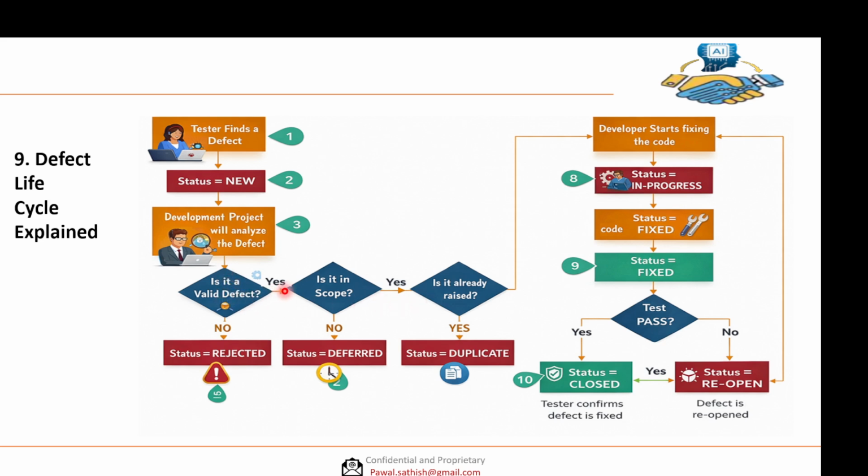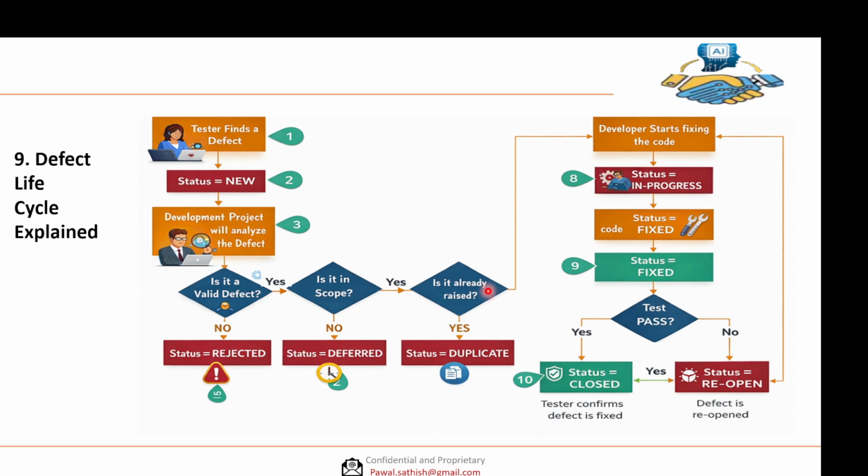If yes, is it in the scope of the current release? If yes, is it already raised? If yes, the status is marked as Duplicate. If it is not in the scope of the current release, it is Deferred to the next release. If it is not a valid defect, they mark the status as Rejected.